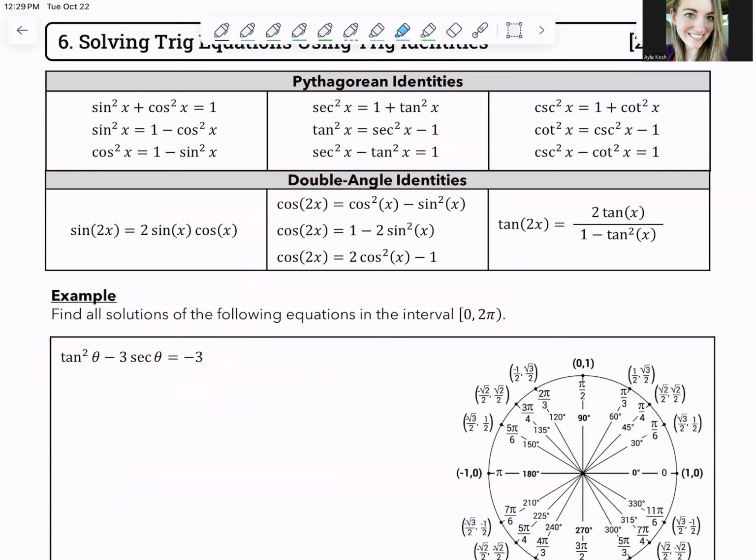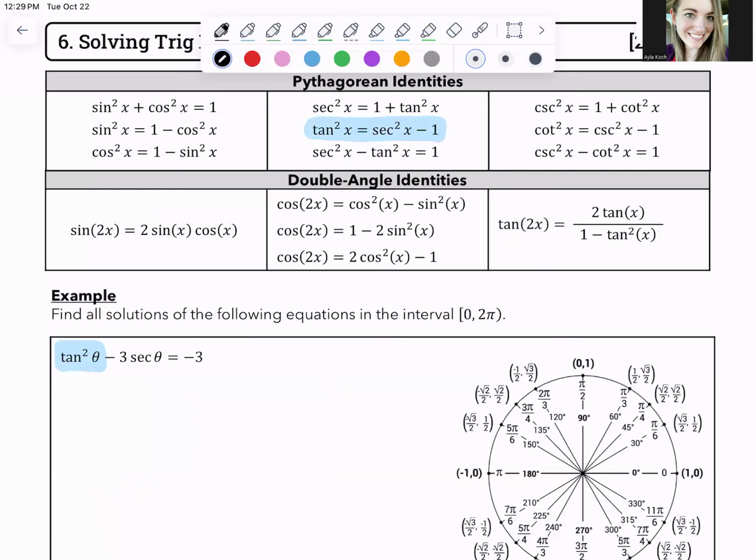So I'm asking myself, which of these am I going to replace? Tangent squared theta, what does that equal? Tangent squared theta is equal to secant squared theta minus 1.